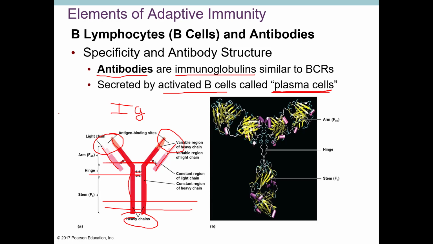Like there could be a bacterial cell over here that has that little triangular epitope on it, and another bacterial cell over here that has its triangular epitope. So each antibody will attach to potentially two different pathogens. It's also possible for it to attach to two epitopes on the same bacterial cell. That's possible too.